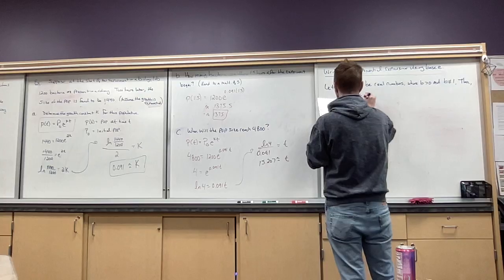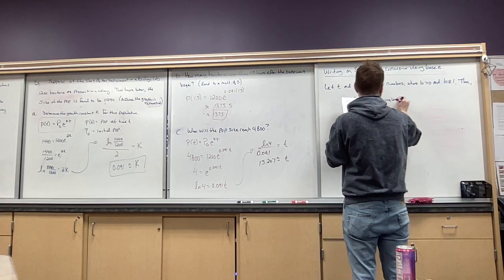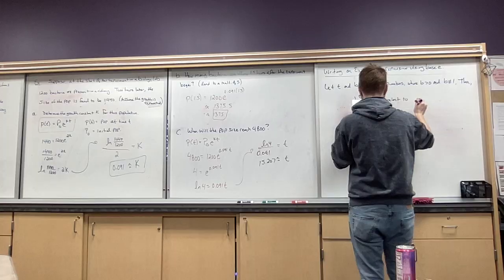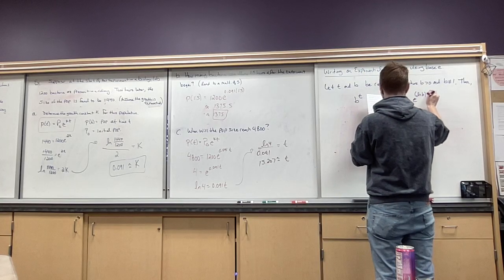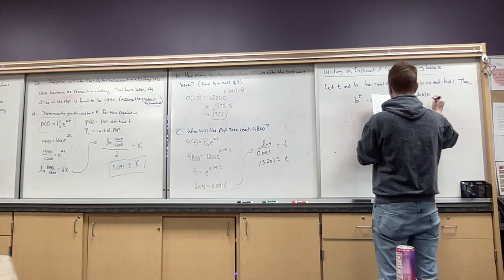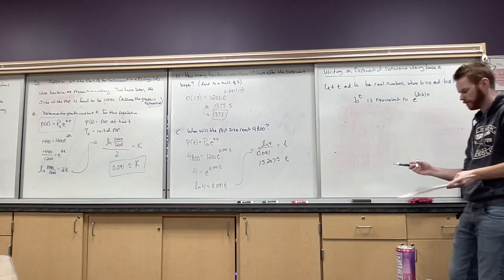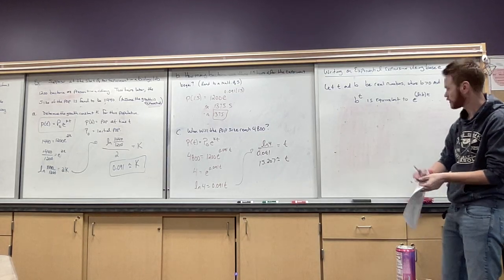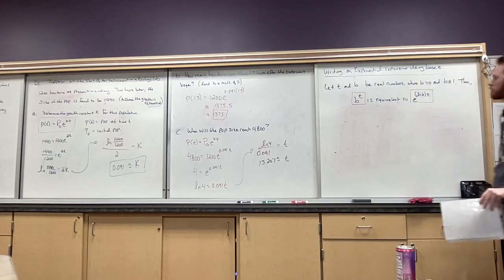Then b to the t power is equivalent to e to the natural log b times t. Okay? So these two, I'll put this in red, are the same.